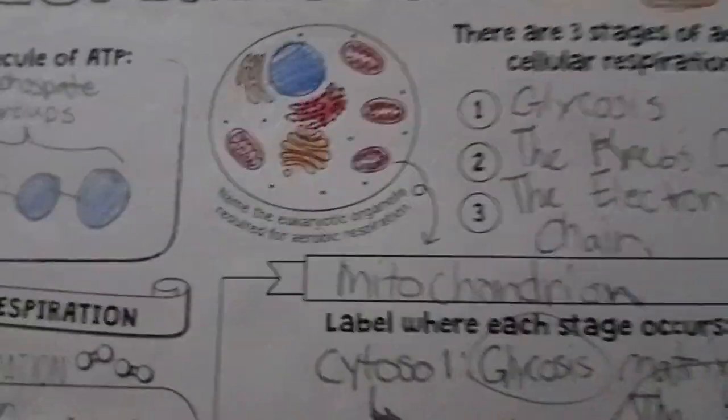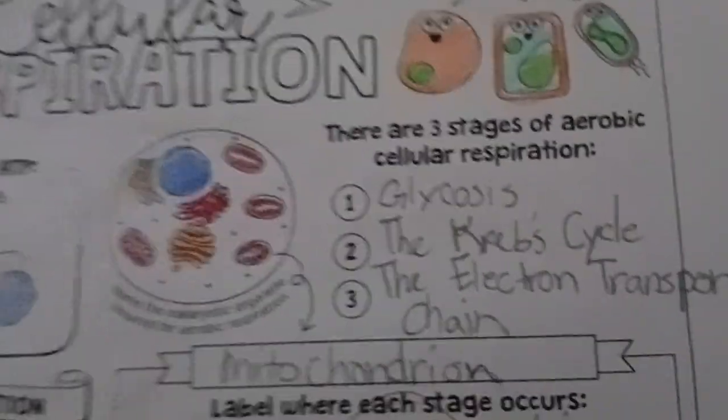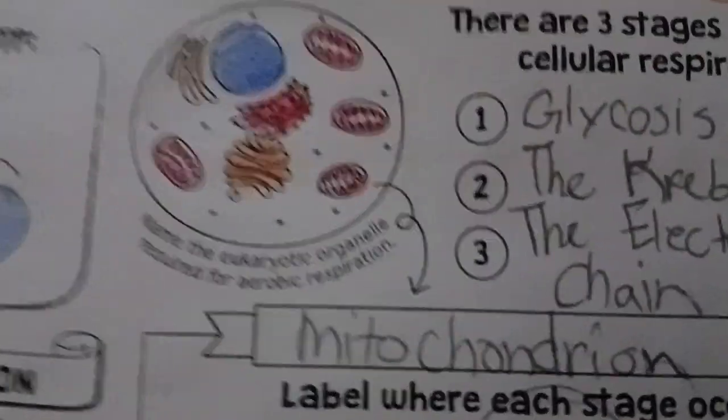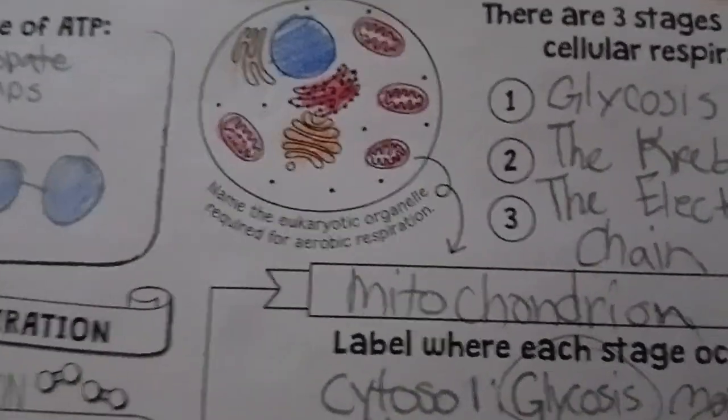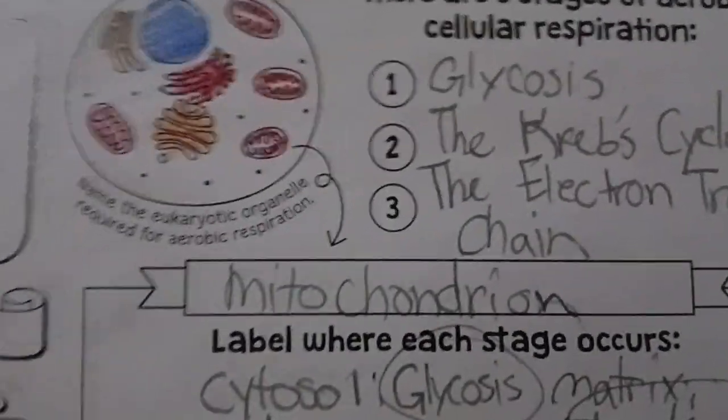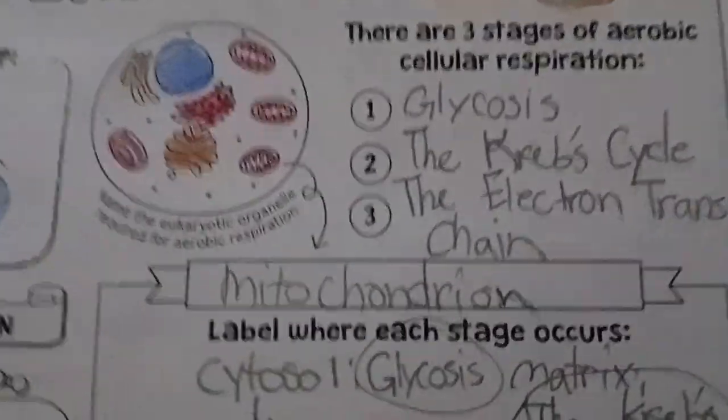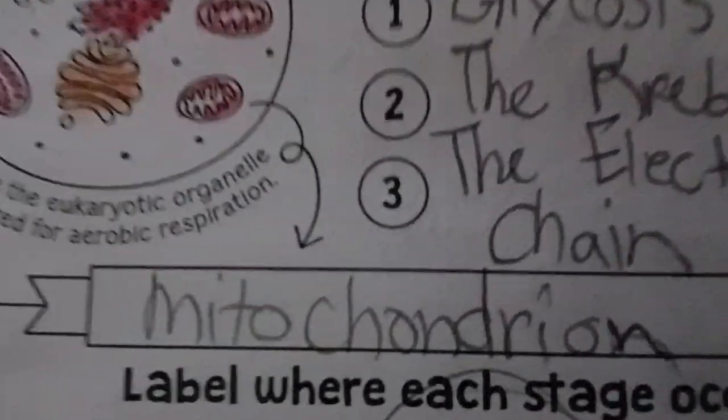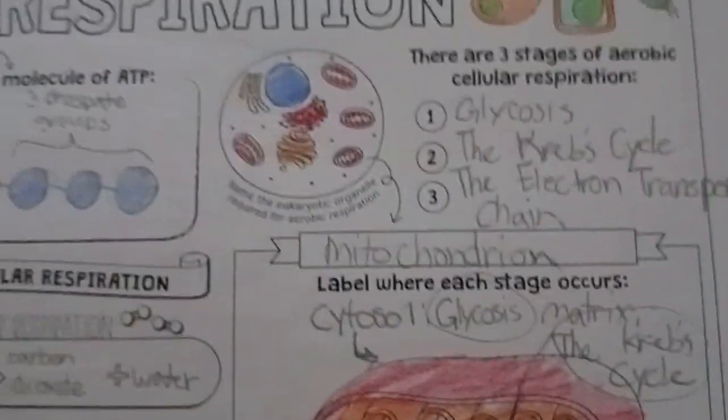There are three stages of aerobic cellular respiration. The first is glycolysis. The second is the Krebs cycle, or the citric acid cycle. If you've ever seen that before, it's the same thing. And the third is the electron transport chain.